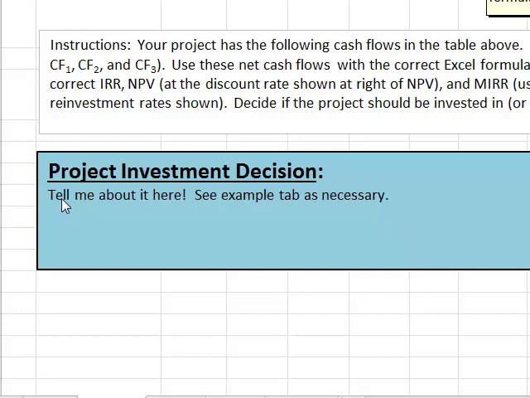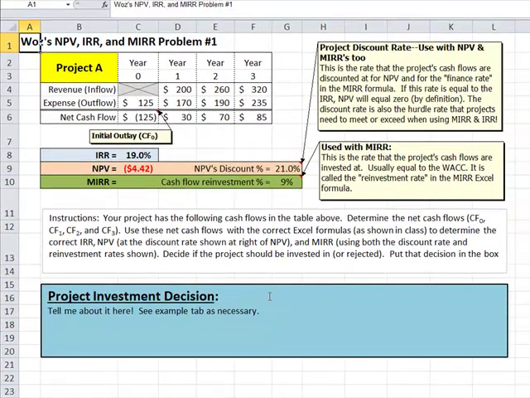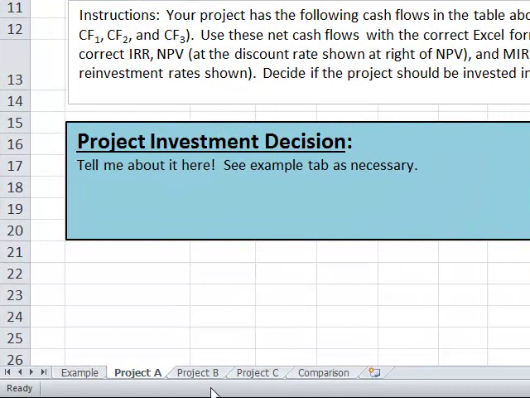So what I'd like for you to do is use the blue box here to tell me about your project investment decision, basically summing it up. A clear recommendation is whether the project should be accepted or rejected and the reason why. These would be things that you would include in PowerPoint bullets if you're doing an executive presentation.